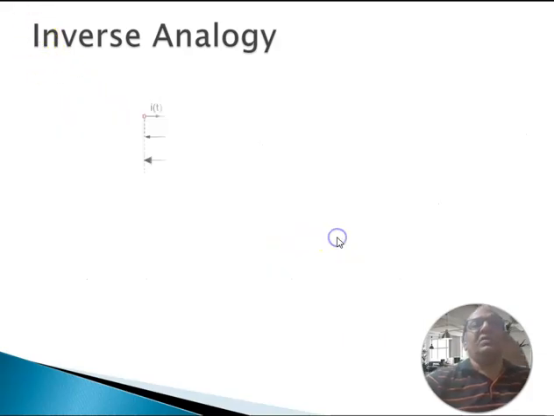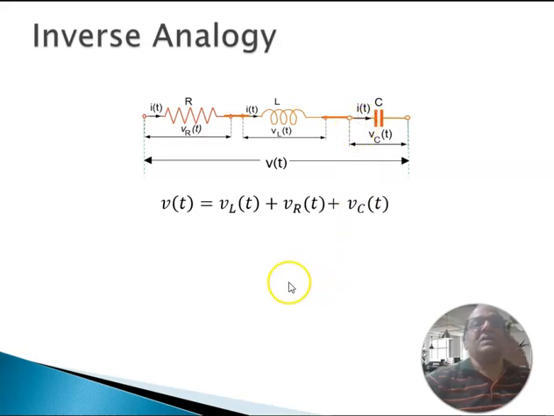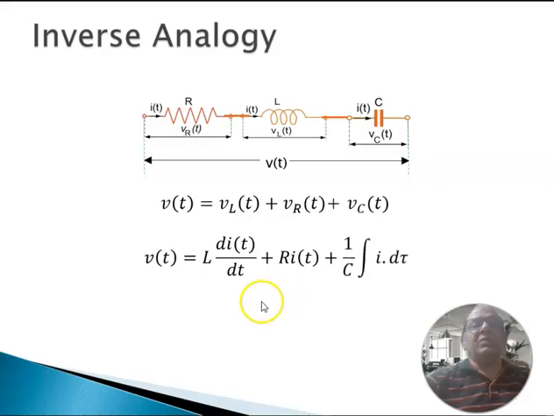To begin with, we will see a simple RLC circuit where R, L and C are in series, and note that the total potential drop is the sum of drops across resistor, inductor and capacitance. That is, we write the equation V of t is the drop across inductance, L di by dt, plus drop across resistor, Ri, plus drop across capacitance.